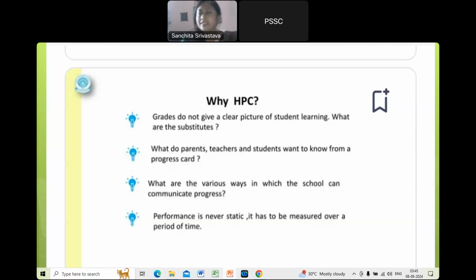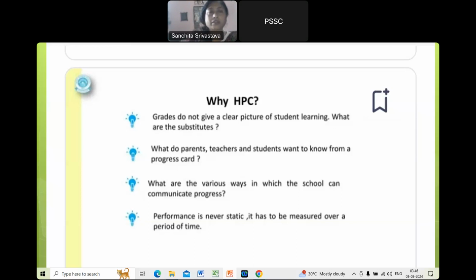I may get lesser marks. Or today, for example, I get 40 in a particular subject. If I work hard, that 40 can easily be transformed into 80. Do you agree? Yes. Now, it has to be measured over a period of time. Progress is not something static. In one day, you cannot judge anybody, isn't it? So we have a whole year, the final term, to judge the progress of a child.